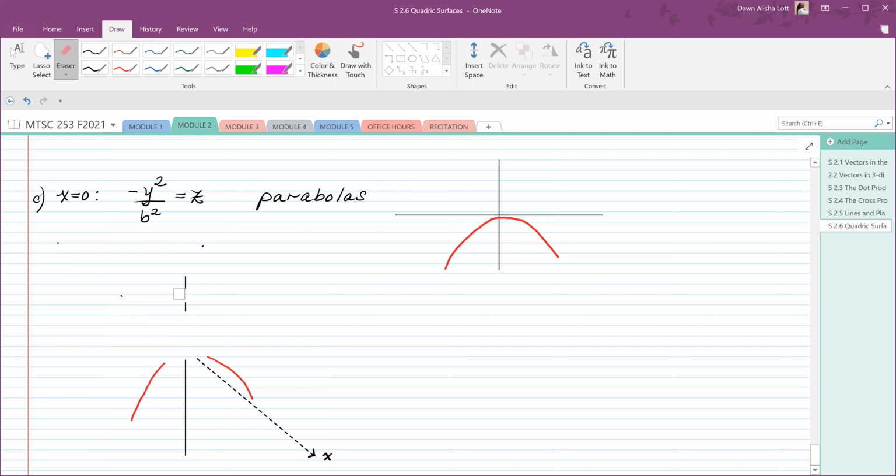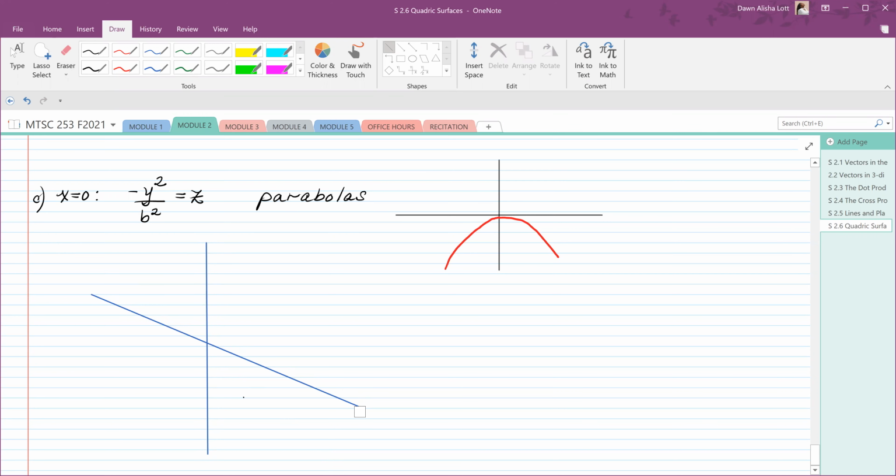I'm going to have to draw my own because I need it to be tilted, and this won't draw one tilted for me. So here's Z, and here is X, and here is Y. Now I can work with that.